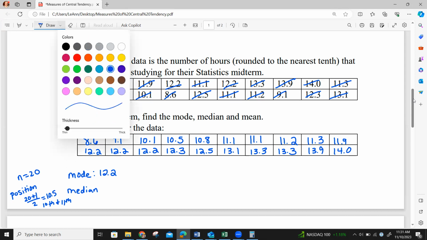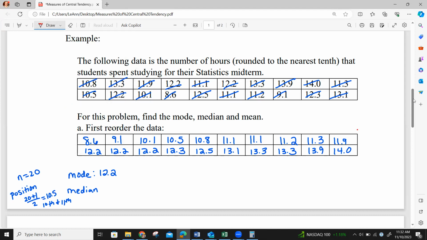So your median is right here. It's whatever's between 11.9 and 12.2, because that would be the splitting point between the 10th position and the 11th position. We find that by taking those 2 values, adding them together, and dividing by 2.